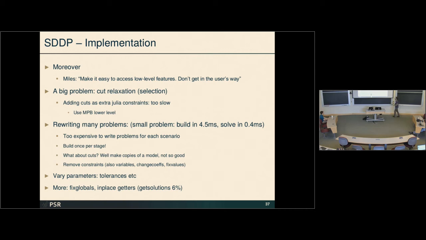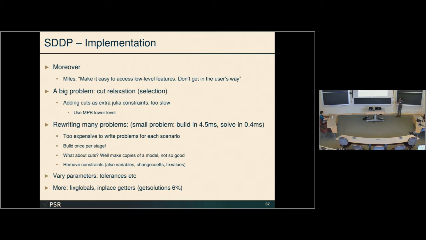At first, I was naively building all the problems, but you can change that and not build that many problems. In an average SDDP model, building a JuMP model, which I mean everything from writing the add constraint, add variable functions to getting everything into the solver, would take like 4.5 milliseconds, and solving the problems would take 0.4 milliseconds, because sometimes the problem is so easy and dual restart is really fast when you're just adding cuts iteratively.